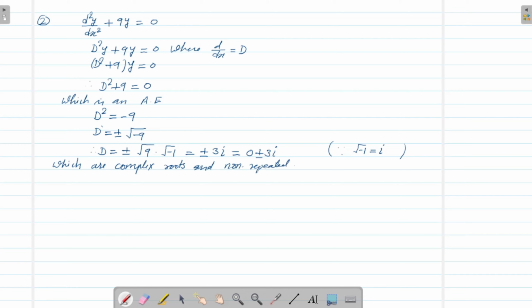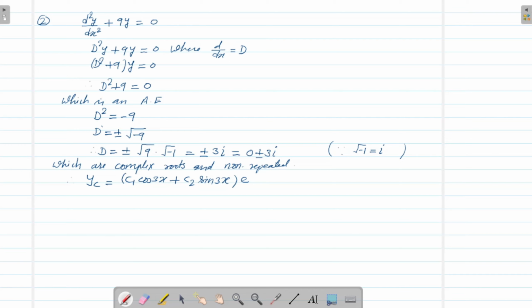Therefore the complementary function yc is equal to c1 cos beta x, where beta is here 3, so cos 3x, plus c2 sin 3x, into e raised to alpha x.